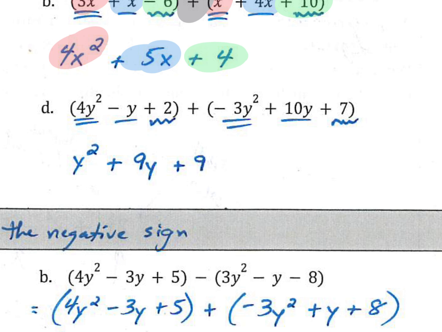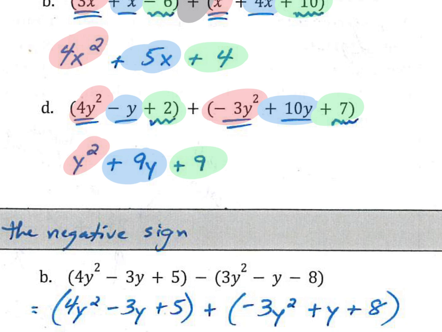Example D. 4y squared can be combined with this minus 3y squared to just get 1y squared. Minus y can be combined with 10y, so we get this positive 9y. And positive 2 can be combined with positive 7 to get positive 9.